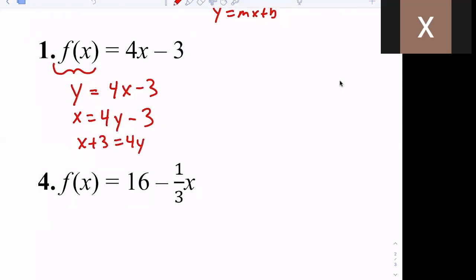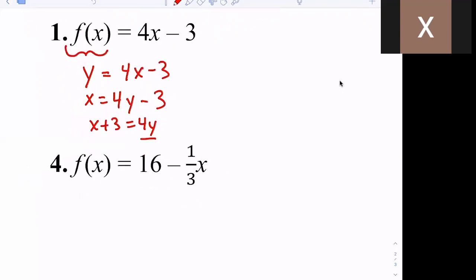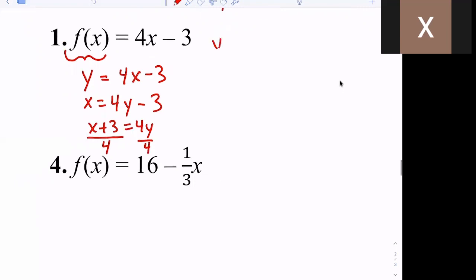Now what do I do? Divide by 4. Now watch me divide by 4, guys. Divide the whole quantity by 4. You can leave it like that. So now the inverse is y equals x plus 3 all over 4.